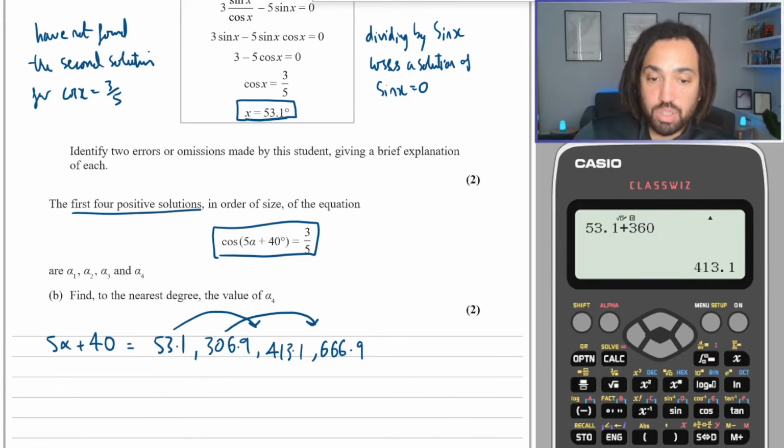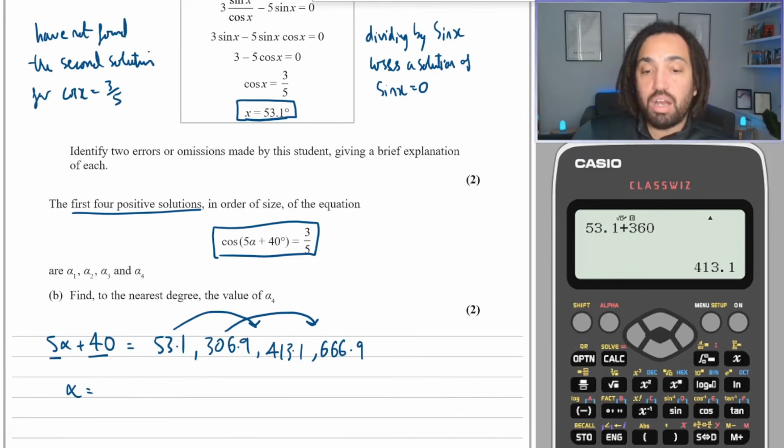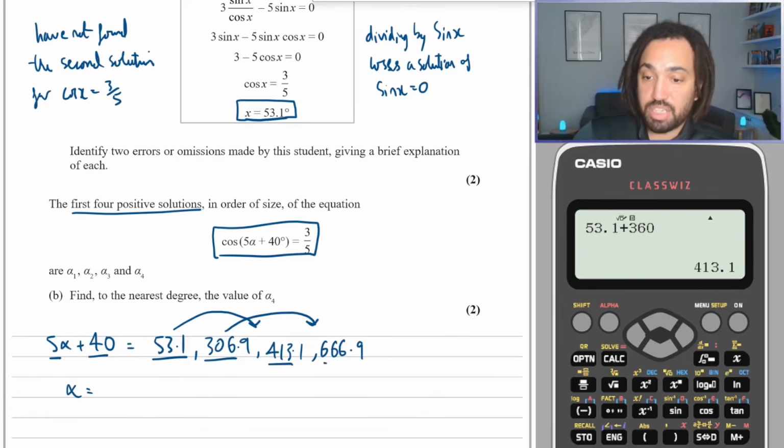Now, when I solve for alpha, which I will do by taking away 40 and then dividing by 5, are all of these still going to be positive? Well, yes, they are, because when I take away 40 to this one and divide by 5, it's still positive. So that will definitely be the first positive. This will be the second, this will be the third, this will be the fourth, which is the one I'm looking for.